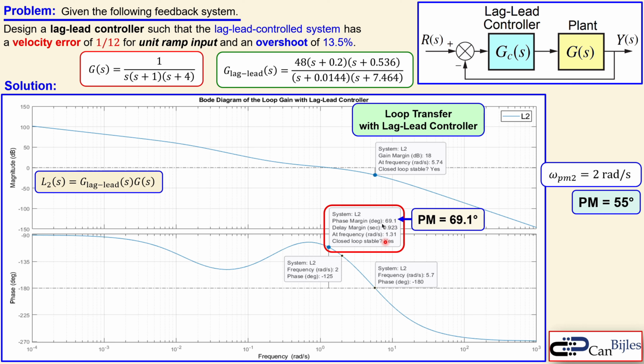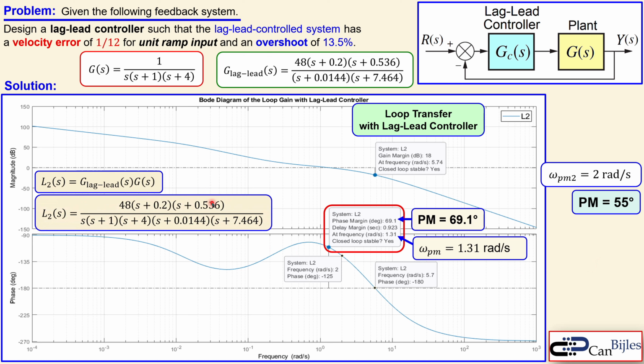So we see a lot of headroom here. We also see 1.31 radians per second instead of 2 radians per second, so it is much smaller compared to what we anticipated for the phase margin frequency. Our phase margin is much larger than the 55 degrees we had anticipated, so that is not bad, it is actually much better. This loop transfer function will do a better job than we have estimated.